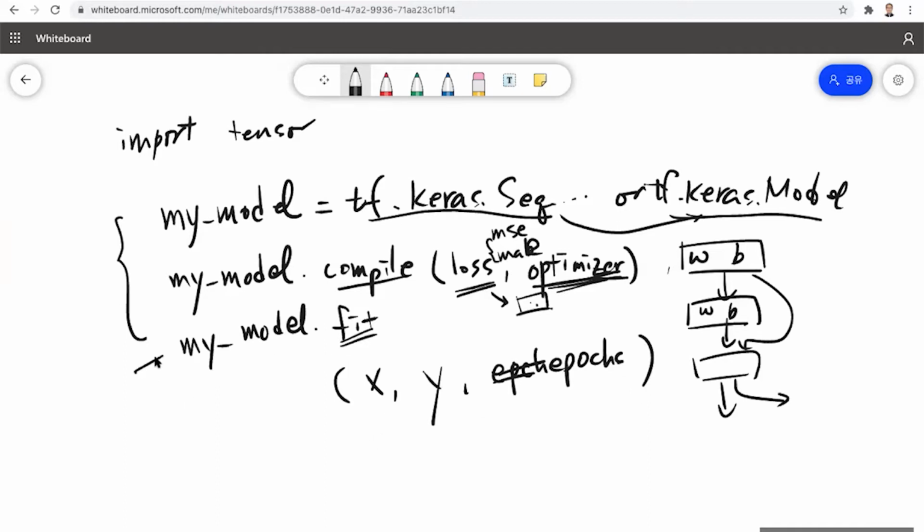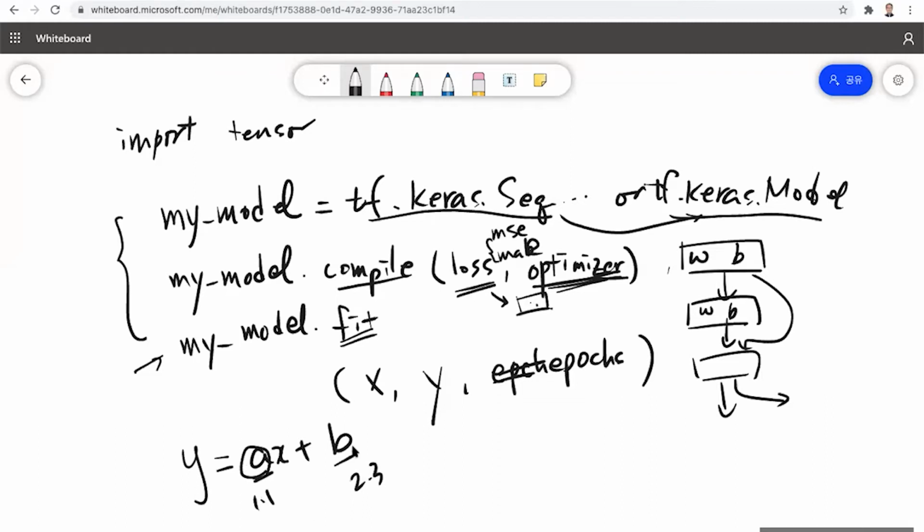So without fit, it's something like this. Okay, I'm going to make a model. It's AX plus B, but I don't know what A and B are. In order to use your model to predict something, you need to know that A is 1.1 and B is 2.3.